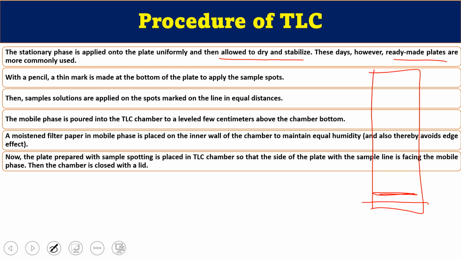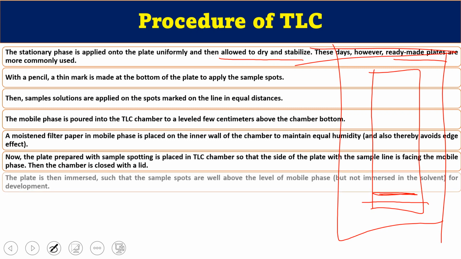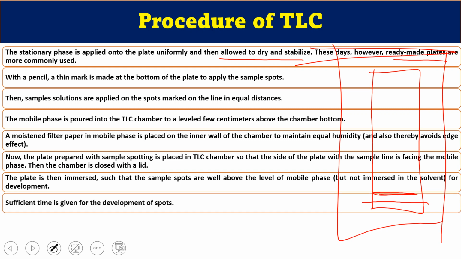Now the plate prepared with the sample spotting is placed into the TLC chamber so that the side of the plate with the sample line is facing the mobile phase. Then the chamber is closed with the lid. So this will be placed into the chamber and the lid will be covered. The plate is placed such that the sample spot is well above the level of the mobile phase and not immersed in the solvent during development.